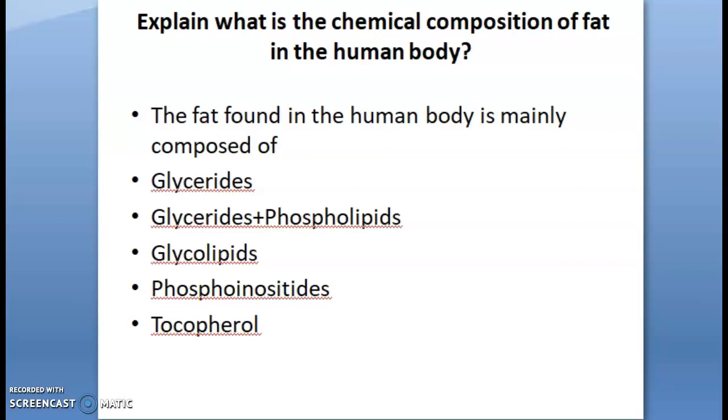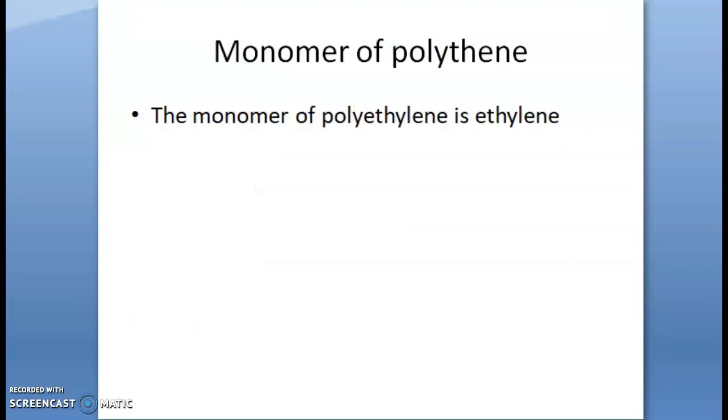Sorry for the pronunciation because I came across these names for the first time. I only studied glycerides and maybe the second one, but I am not aware of the last three. You can Google it to know how it is pronounced.